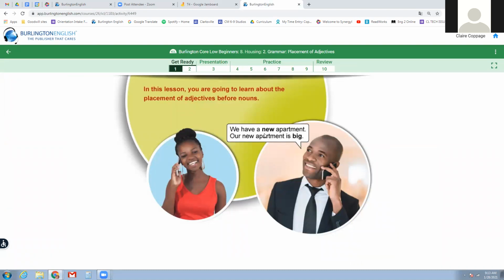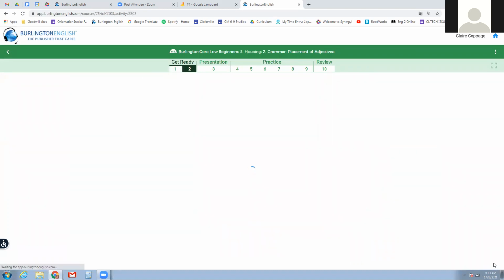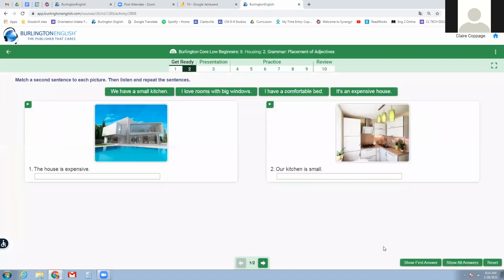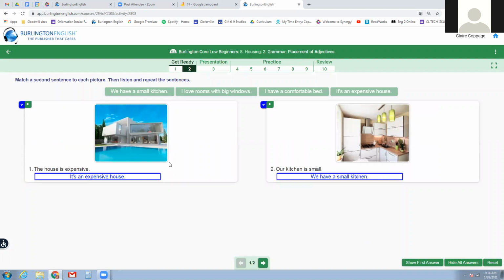So we have a new apartment. Our new apartment is big. So today we're going to discuss two different places for adjectives in a sentence. Let's take a look. Oh my goodness, look at this fancy house.